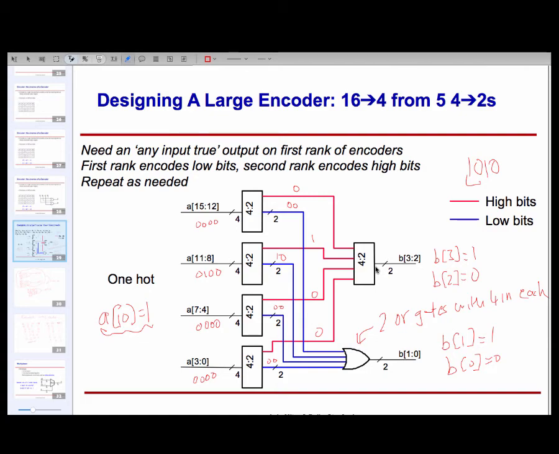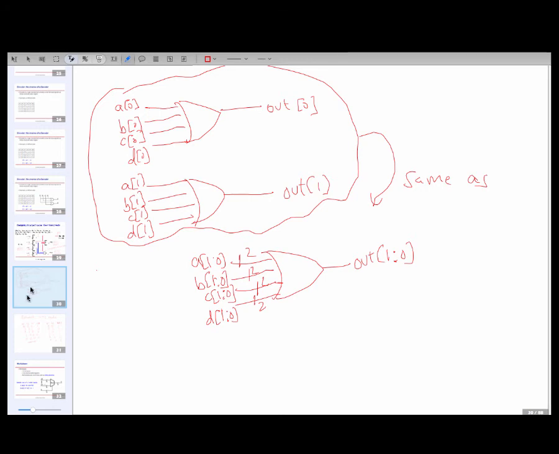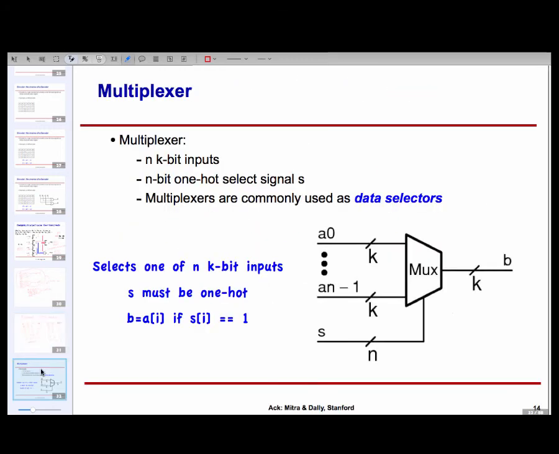So these encoders with the red lines are designed so that they can be used to build bigger encoders. That's the message out there. Encoders can be used in this way, ganged up or cascaded to make bigger things.